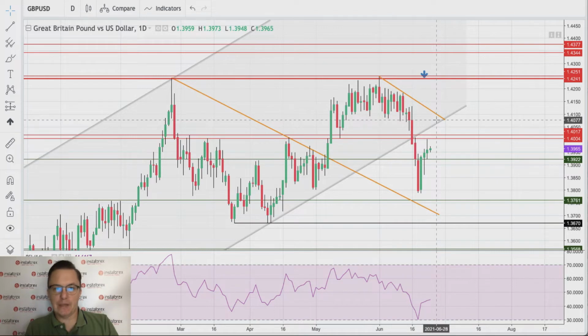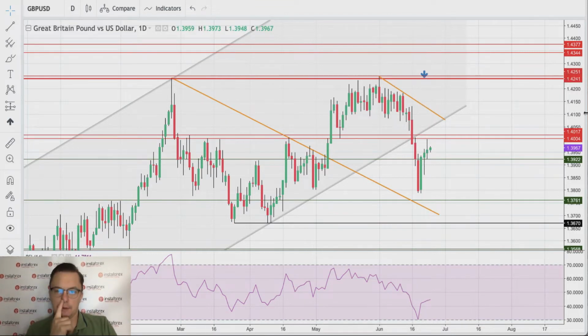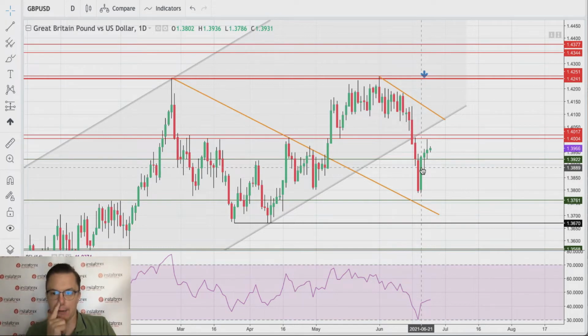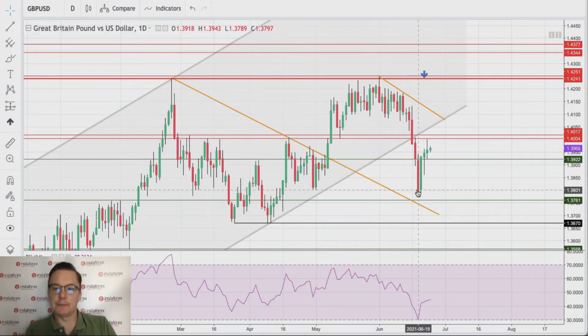Well, the thing is, as long as we trade below 1.4017, and as long as we trade out of this channel, the main gray channel, then we cannot really say what kind of behavior this is. However, as you can see, it's a pretty steep sell-off here.